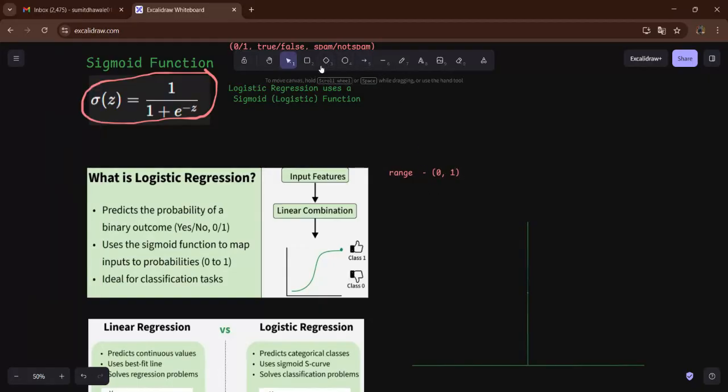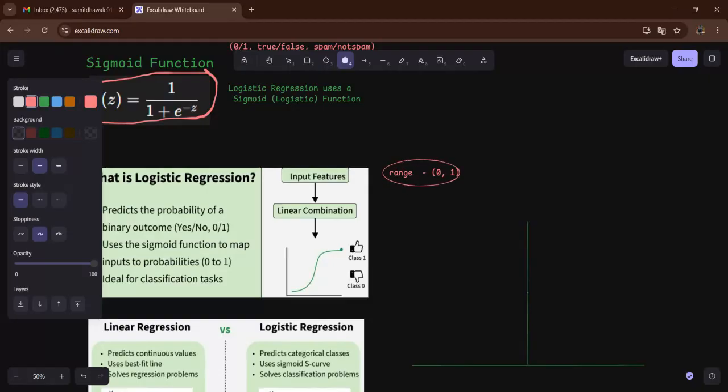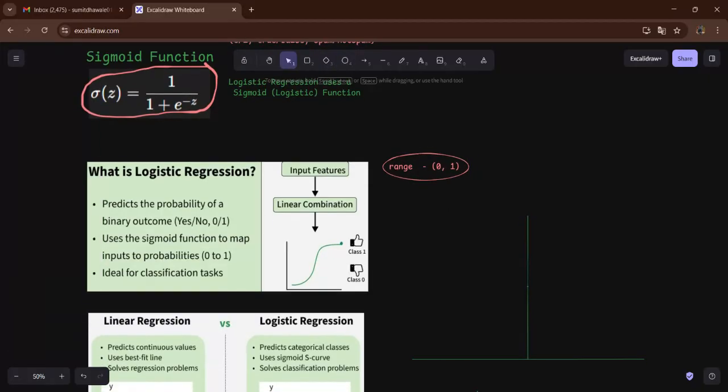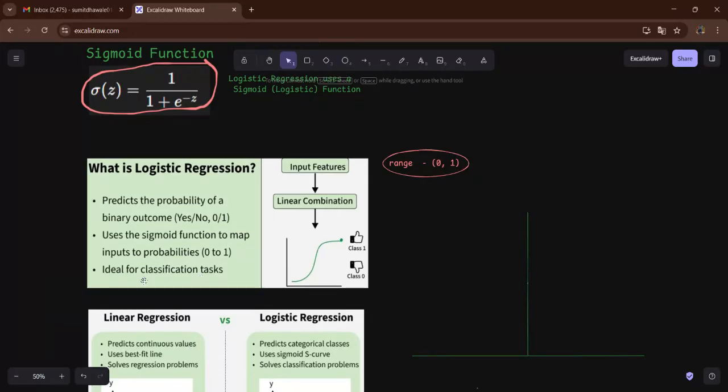This is the most important part, 0 and 1. It is ideal for classification tasks only. When the input features are given, a linear combination is done and a simple graph is drawn which is between 0 and 1.